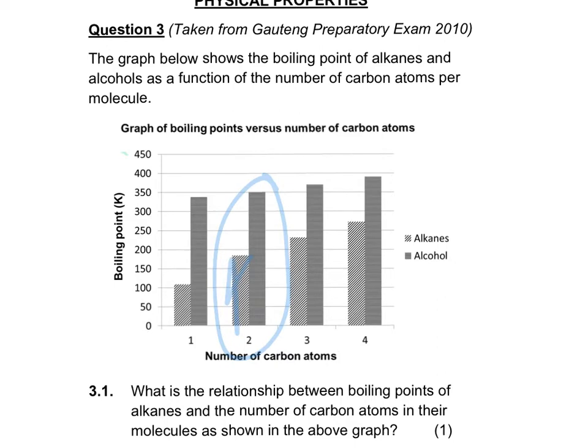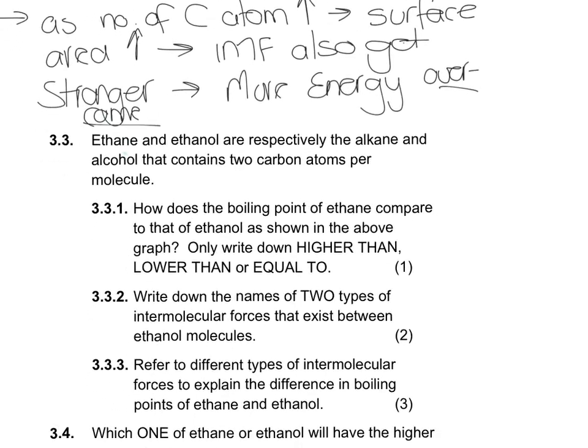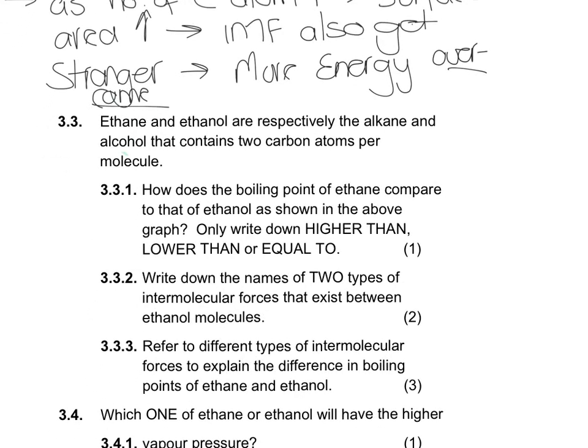You can see from the graph that ethane has a smaller boiling point than ethanol. They want to know, how does the boiling point of ethane compare? It's lower than. Okay? Then they want the names of the 2 types of intermolecular forces that exist between ethanol molecules. There's 2 here.